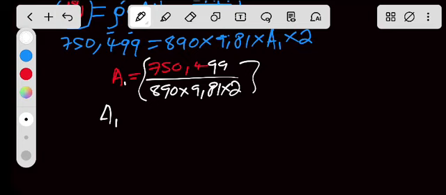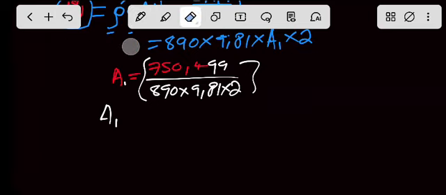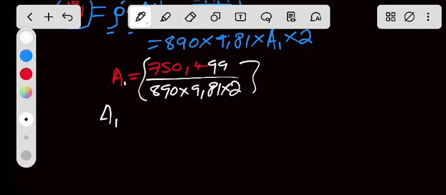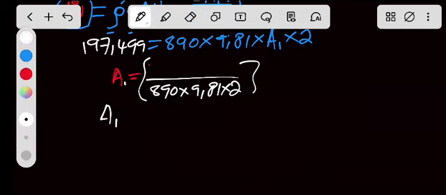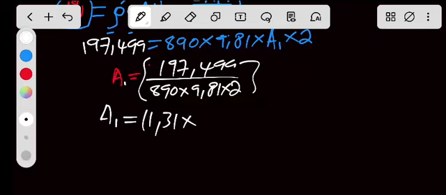Where do I get this number? Sorry, this is 197,499. Punching that will give us the area: 11,31 times 10 to the power of minus 3 meters squared.